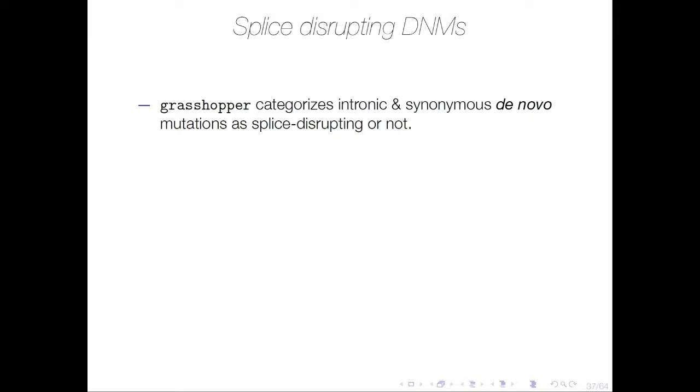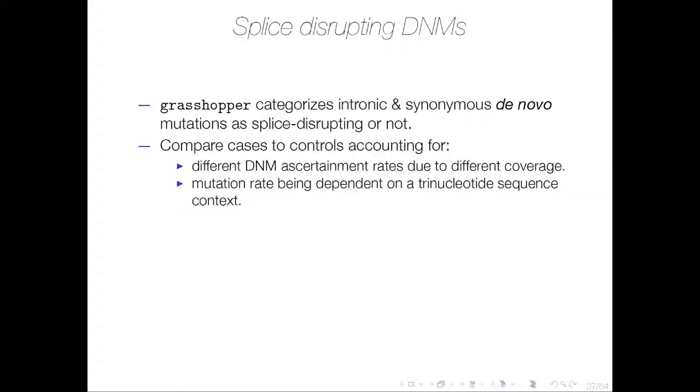So the analysis we did here was to use Grasshopper to categorize both intronic and synonymous de novo mutations, so these are mutations that don't change the protein coding sequence, as whether they're splice disrupting or not. And then we compare the cases, so the individuals with the disease, to our control set, where we account for different de novo mutation ascertainment rates, which can result from different sequencing coverage.